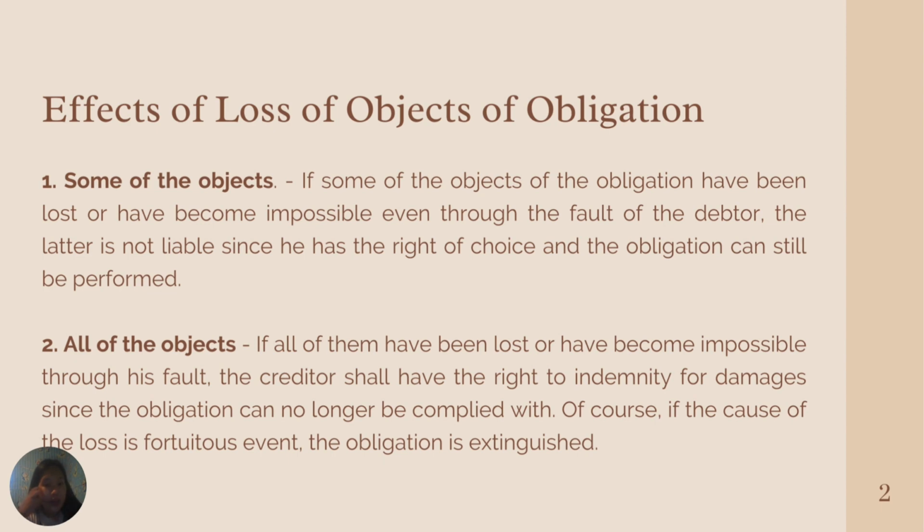So the loss of item 1 and 2, with or without the fault of Mara, will reduce the obligation to a simple one. So if all items are lost through his fault, liability will attach. If through a fortuitous event, the obligation will be extinguished.